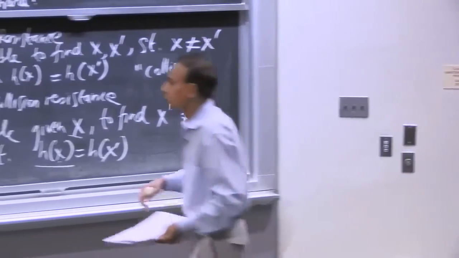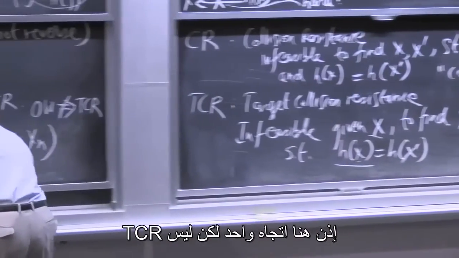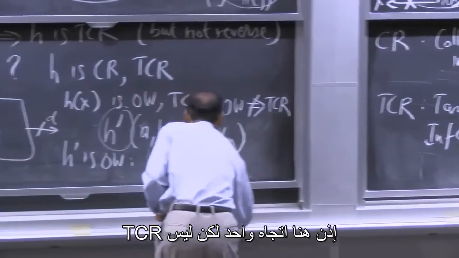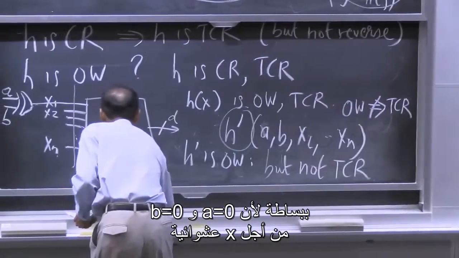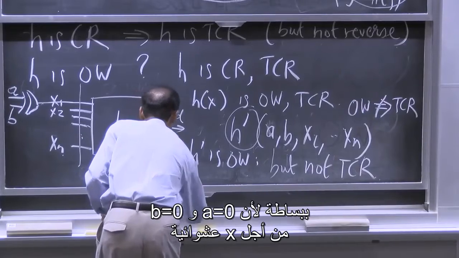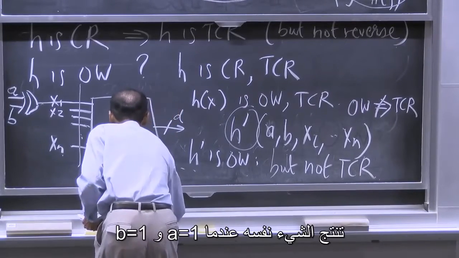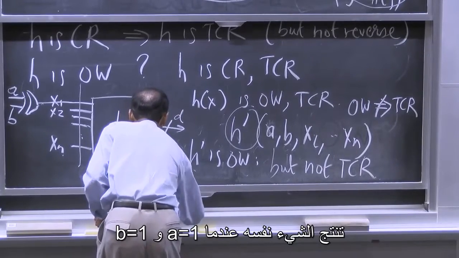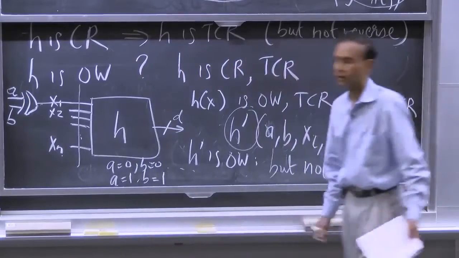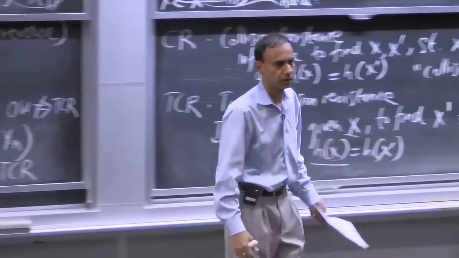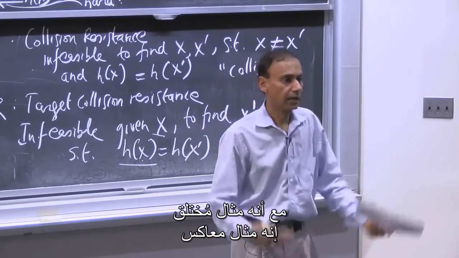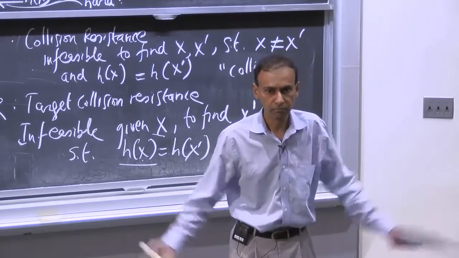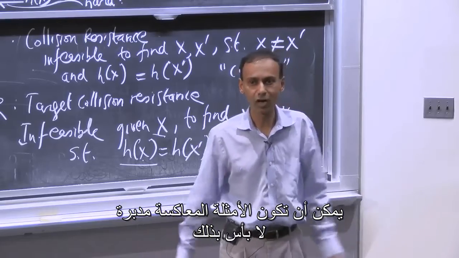So this is one way, but not TCR, simply because A equals 0, B equals 0 for arbitrary x's produce the same thing as A equals 1 and B equals 1, right? So those are collisions. Admittedly contrived, but it's a counterexample. Counterexamples can be contrived. It's okay.